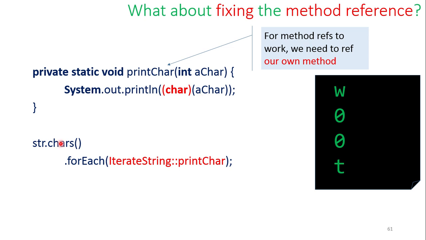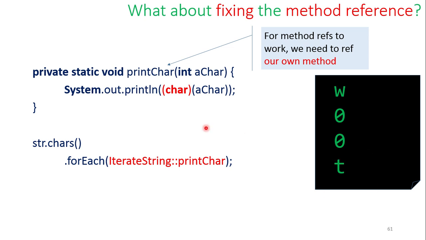Now I'm able to do str.chars, get my stream of int primitive data type values, so my IntStream, and apply forEach to that IntStream, and apply to each element the IterateString::printChar method. And the result is going to be exactly what we expected.